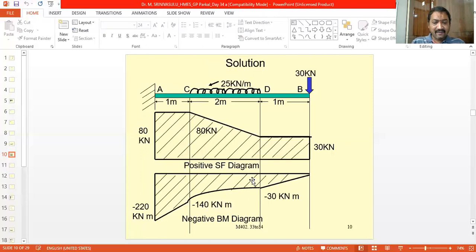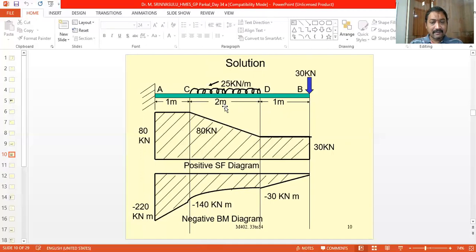So this hatched area represents the bending moment diagram for the given problem, and here all the bending moments are negative only, and here all the shear forces are positive. So that's why it is called the positive shear force diagram, and this is the negative bending moment diagram.